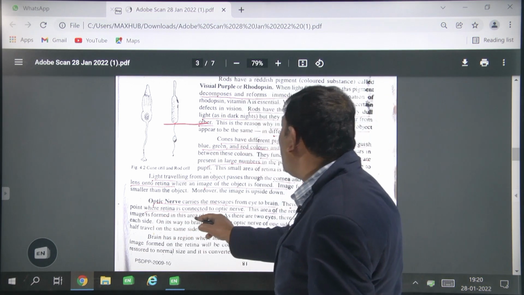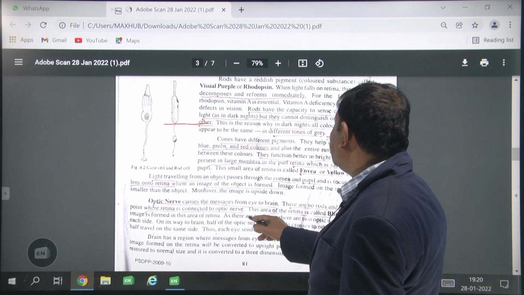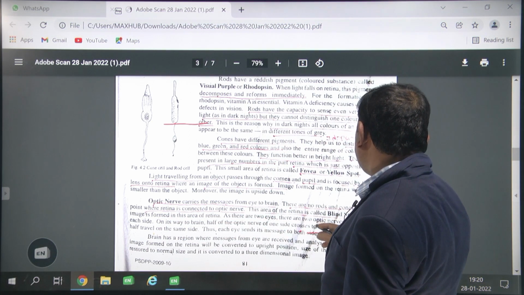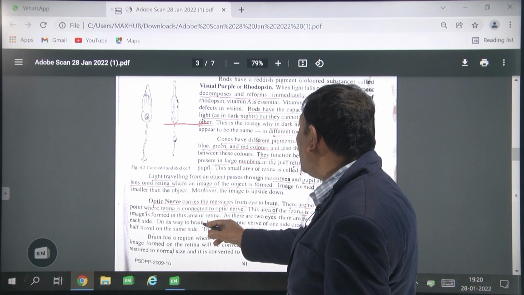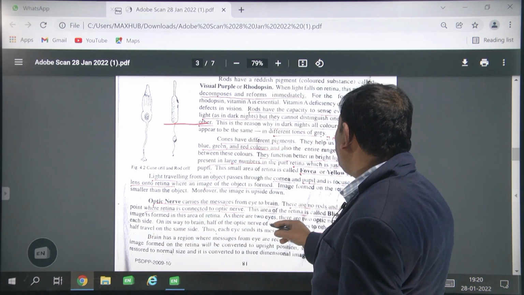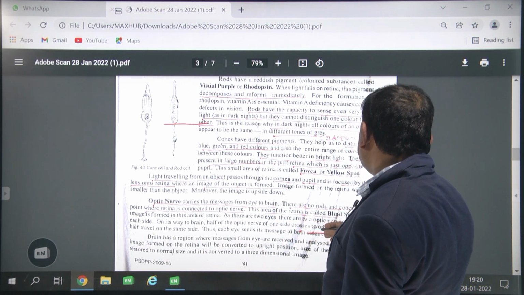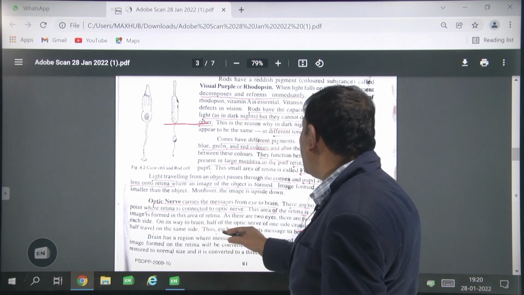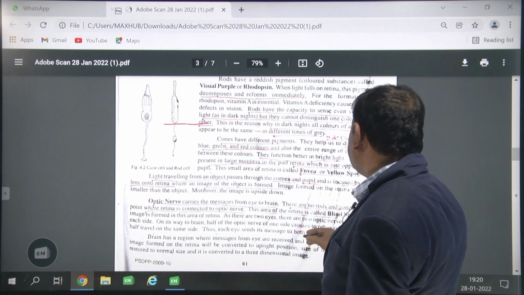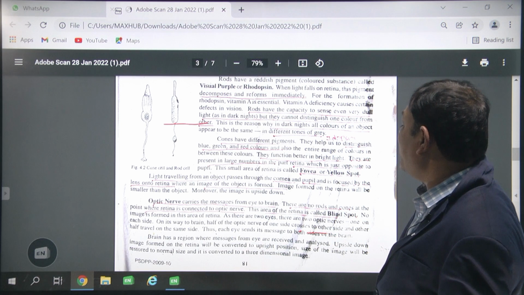No image is formed in that area of the retina. As there are two eyes, there are two optic nerves, one on each side. On its way to the brain, half of the optic nerve on one side crosses to the other side and the other half travels on the same side. Thus each eye sends messages to both sides of the brain.